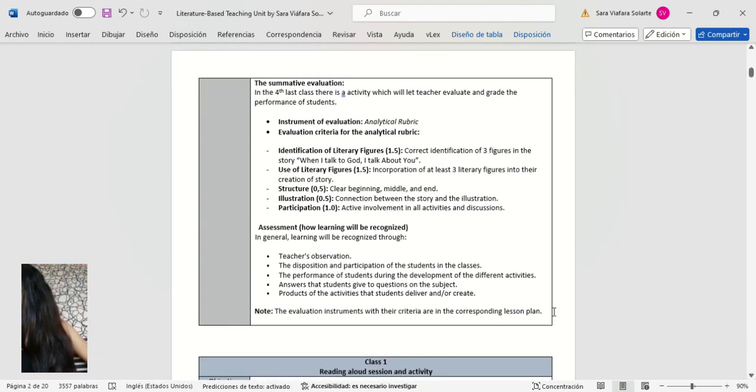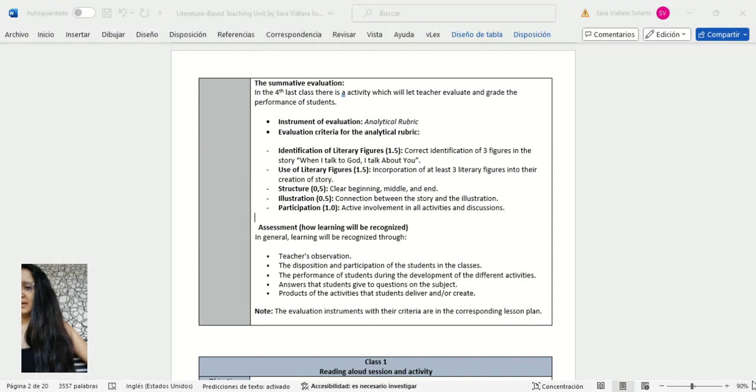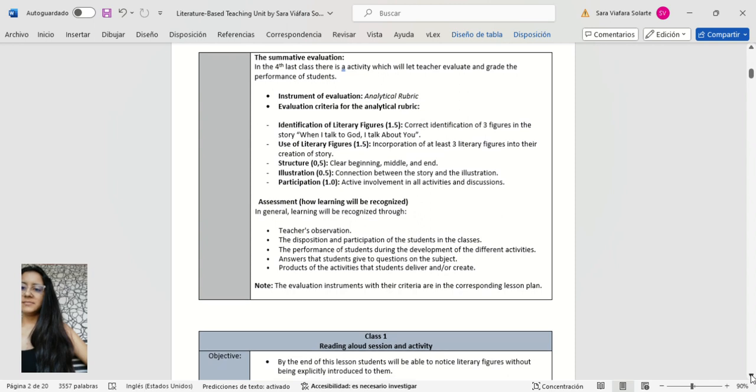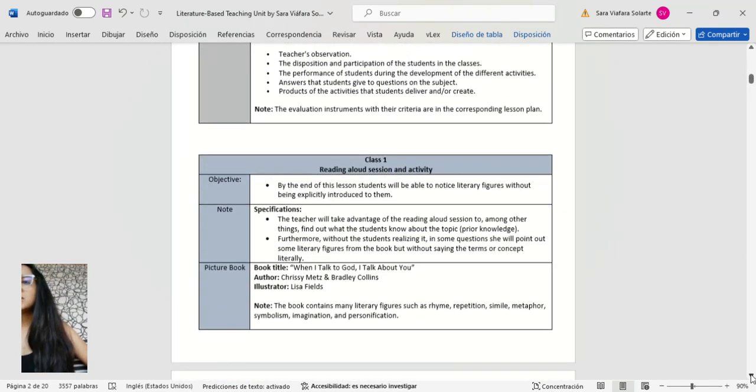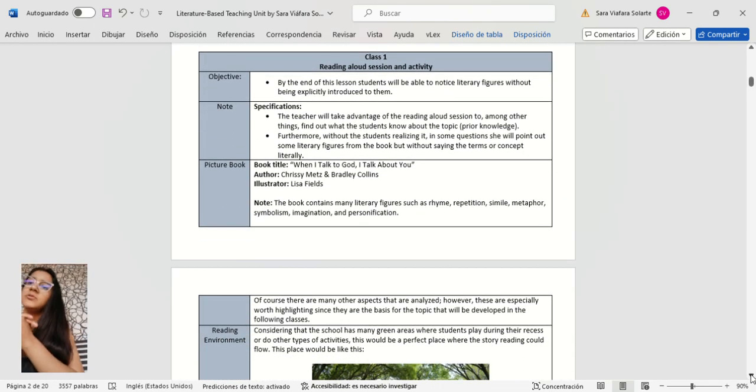But let's see the classes. Class 1 is the reading aloud session, and the objective for this class is that by the end of the lesson, students will be able to notice literary figures without being explicitly introduced to them. I mean, the teacher is not going to say, this is a metaphor, this is a simile.